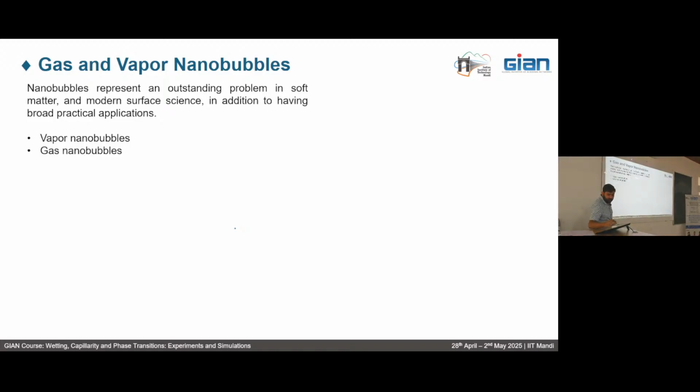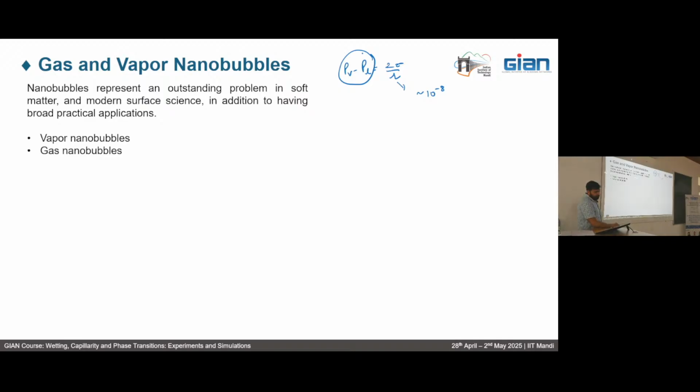Why do they exist? If you simply calculate the Laplace pressure, and R is on the order of, let's say, 10 to the power minus 8 meters, this pressure comes out to be in megapascals. Such high pressure, and still these bubbles exist. That is a very important question, and many researchers are trying to work on it.